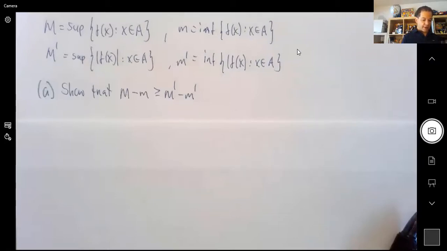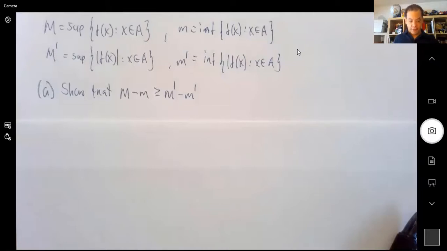So we go back to chapter 1, where we have a problem, exercise 1.3.6. It says that if you look at the sum of two sets, how to figure out the supremum of that, it turns out to be the sum of the supremums. So let me show you that one.